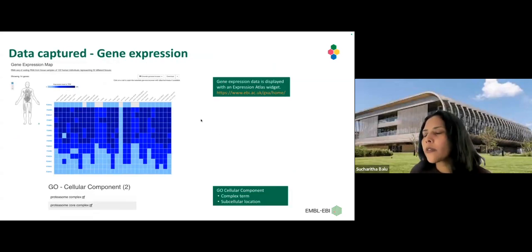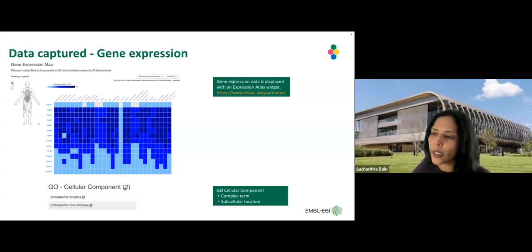We also capture information on gene expression for the complex's components, and this is in the form of an expression atlas widget. You can just click on it and follow the links to that website to learn more. Under this widget, you will see the GO cellular component term.